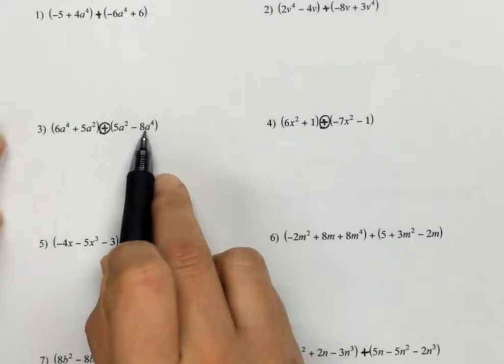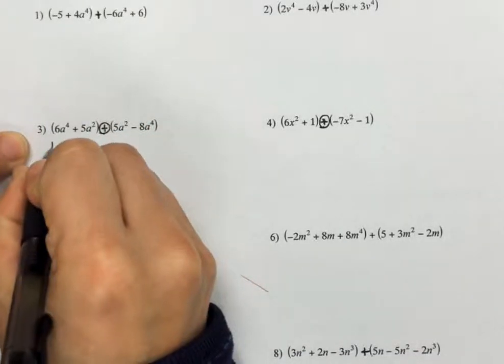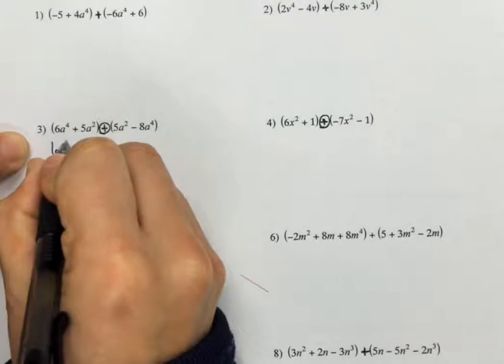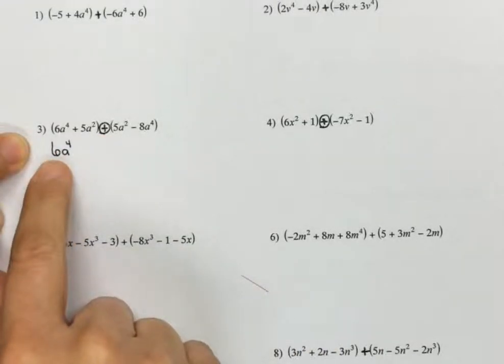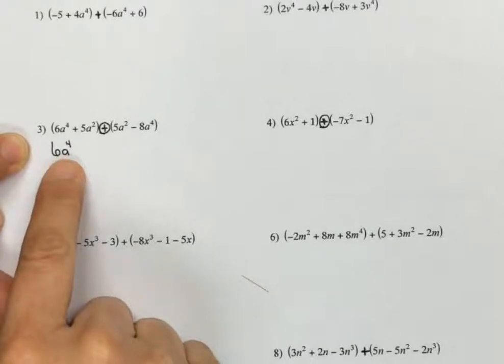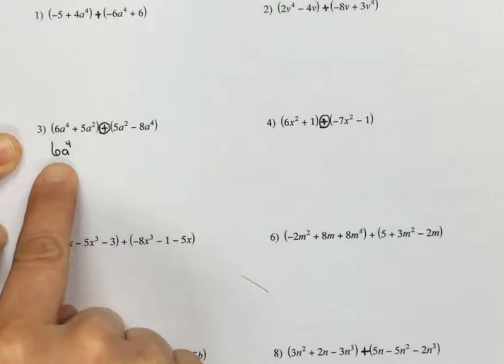So we're going to write these down, and we simply bring these down. Our first term is 6a to the fourth. Note I called this a term. It's not a number by itself. It's not a variable by itself. This whole thing works like one unit, so we call it a term.